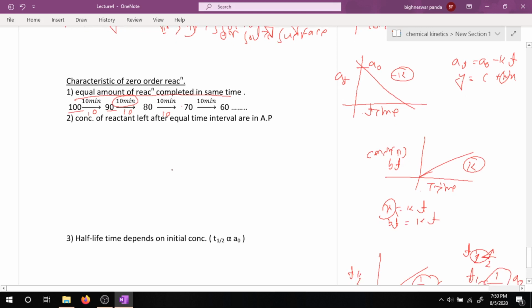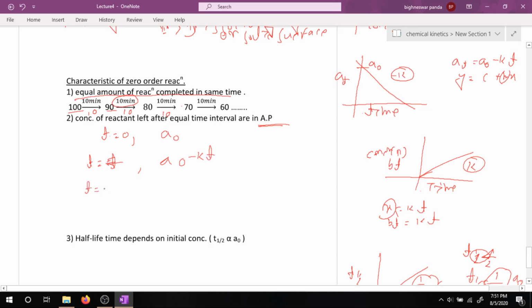Next part is concentration of reactant left after equal time interval is in AP, arithmetic progression. When time t is equal to 0, I have A naught, the initial concentration. When time t is equal to t, I have A naught minus kt.